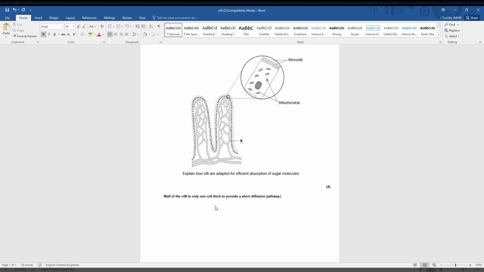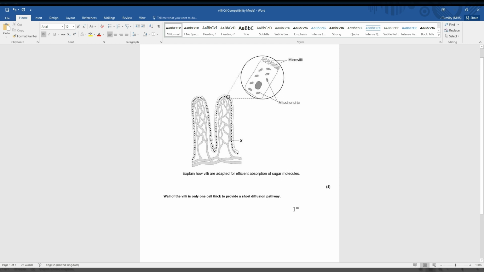Okay, so in that part of the answer, I have said what the adaptation is. It's only 1 cell thick. And I have given the reason why that helps efficient absorption of sugar molecules, because efficiency refers to the speed at which the sugar molecule can get into the bloodstream. Okay, so that's worthy of some marks there.